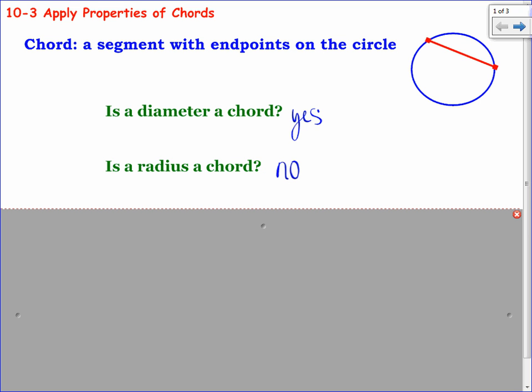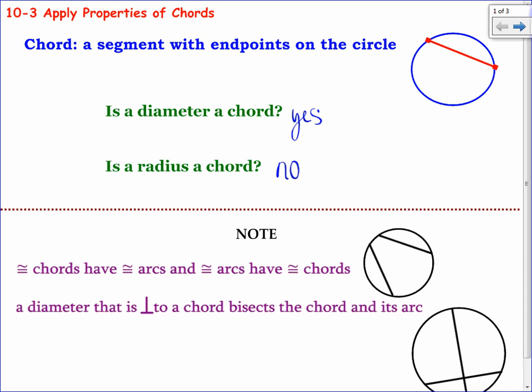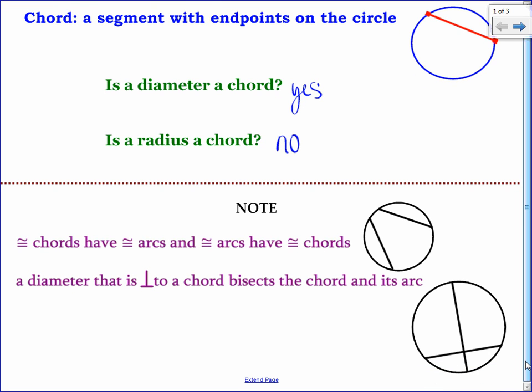Okay. So we're going to be looking at different properties of chords within circles, when they're equal, when they're not equal. But here's kind of the main idea we're looking at today. Congruent chords have congruent arcs, and congruent arcs have congruent chords.